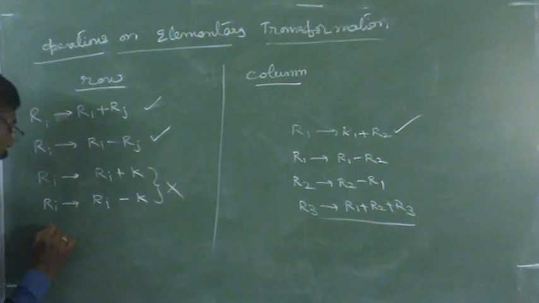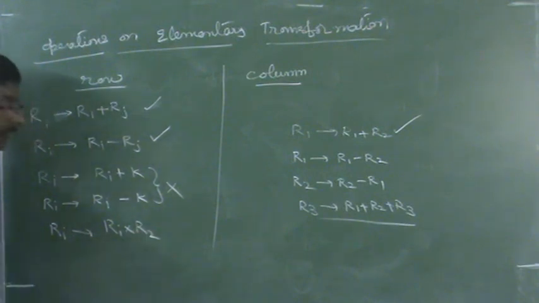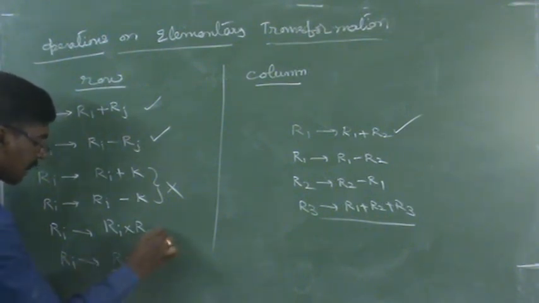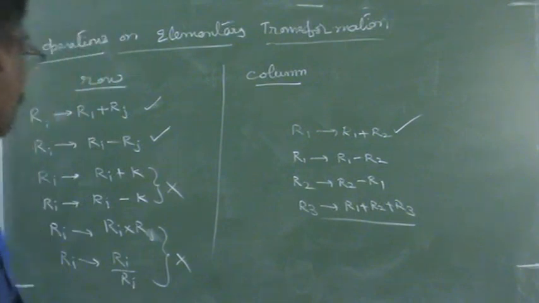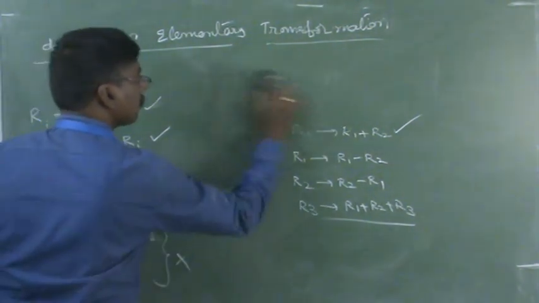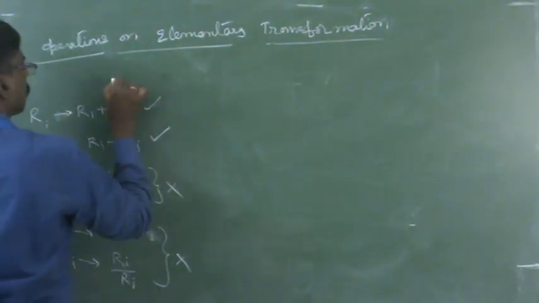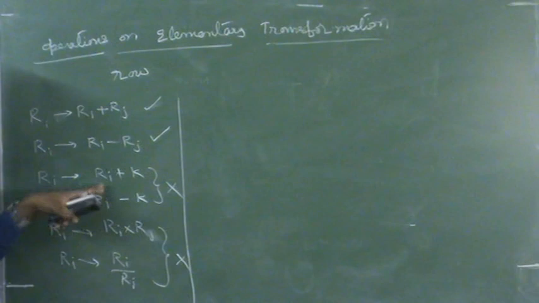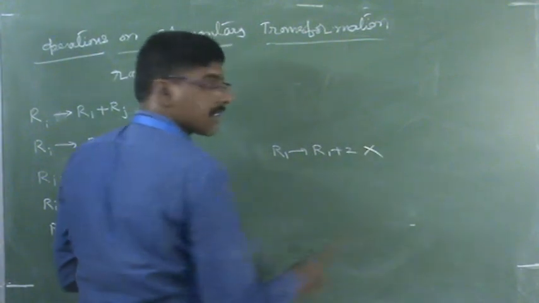Similarly, Ri tends to the product of two rows or two columns, Ri into Rj, or Ri tends to Ri divided by Rj. This also does not exist. Be very careful when solving by these methods. Take the examples: R1 tends to R1 plus 2 does not exist.